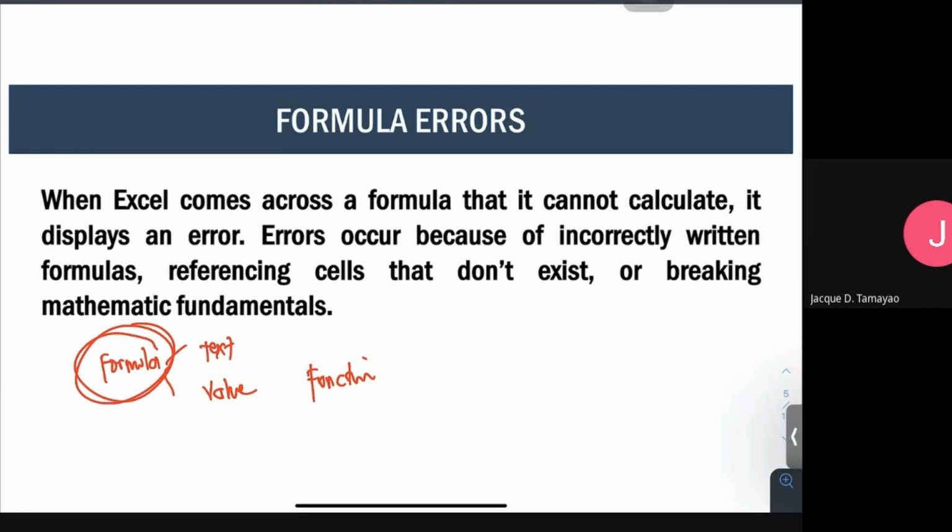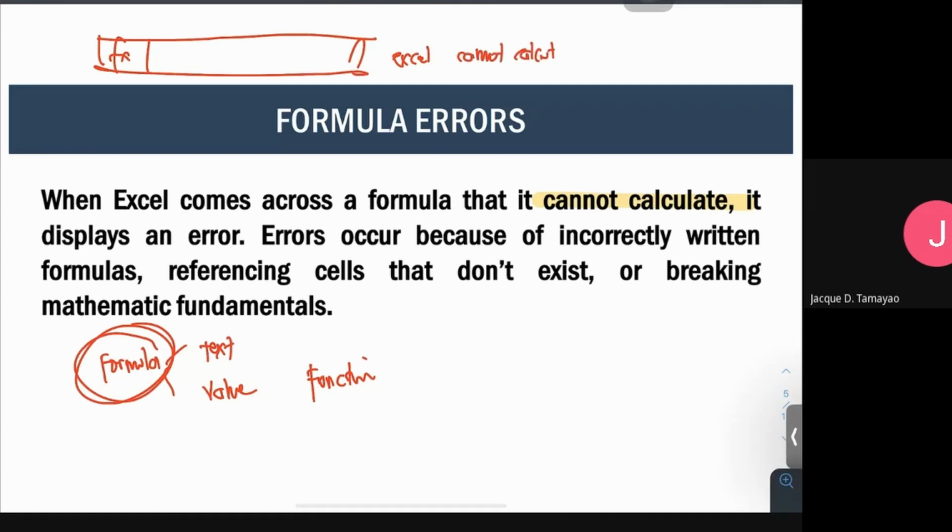There is a formula error if Excel cannot calculate the item you place in the formula. Remember, in the formula bar, you place your formula. If Excel cannot calculate that formula, then we have a formula error.